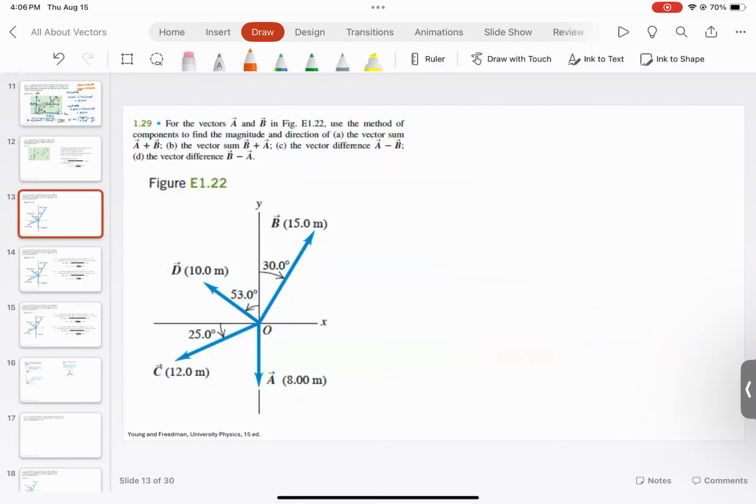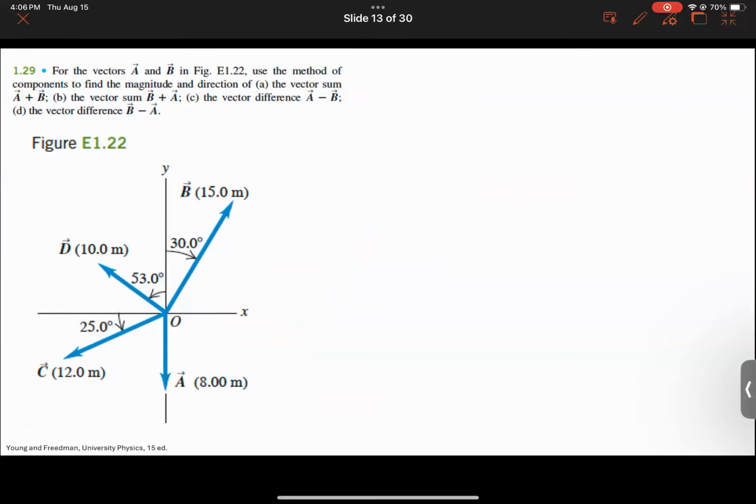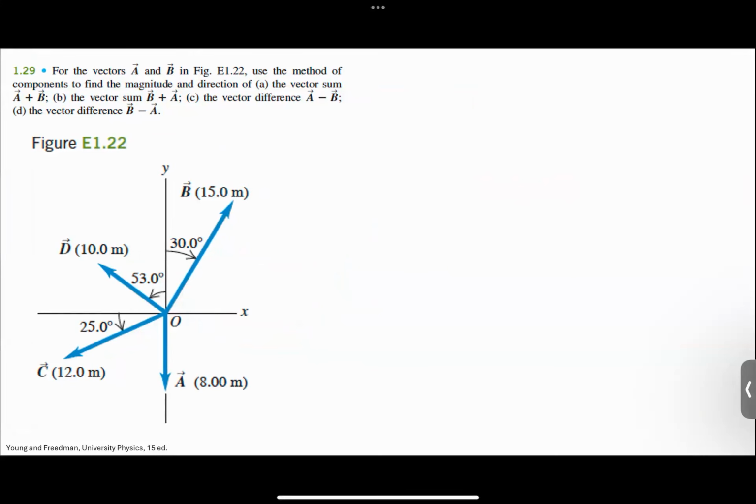So let's consider another problem. Okay, for vectors A and B, use the method of components to find the magnitude and direction of the vector sum A and B, the vector sum B and A, the vector difference A minus B, and the vector difference B minus A. So dito, use the method of components.